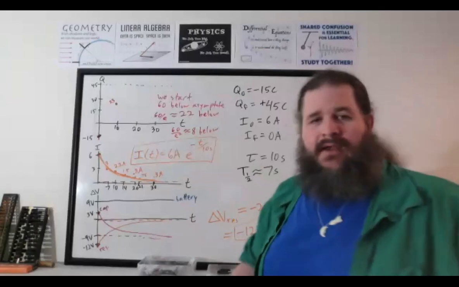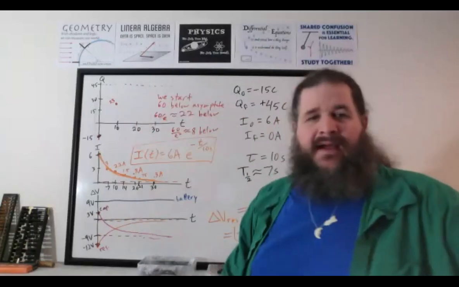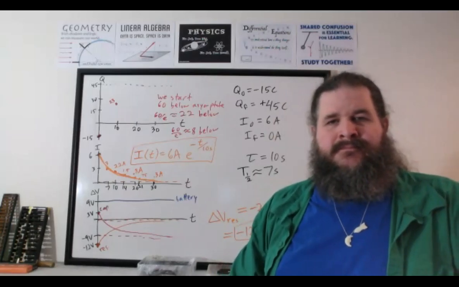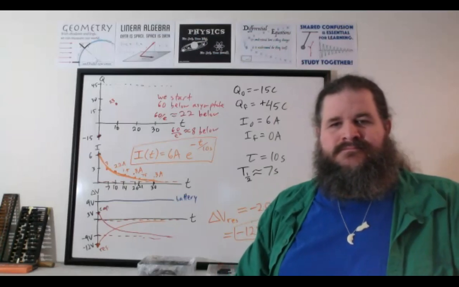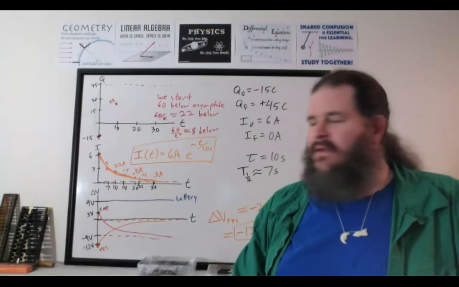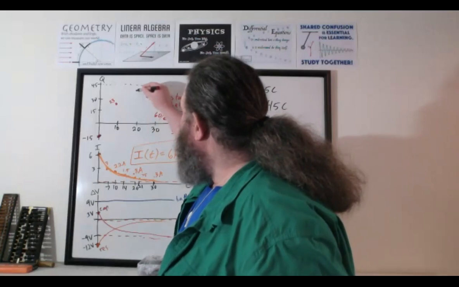Again, that doesn't mean the value is 8, it means the value is 8 below the asymptote. What would be 8 below the asymptote here? Yeah, 37. So at time 20 seconds, we're going to be at 37.